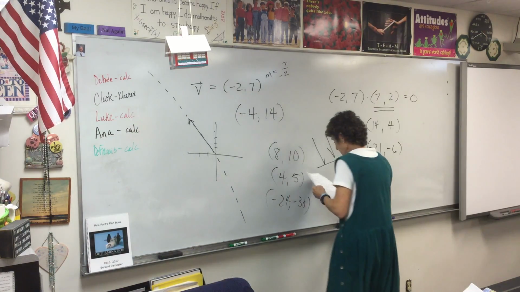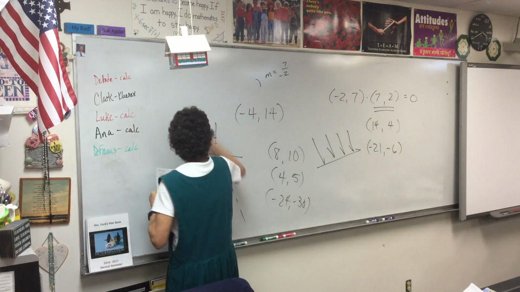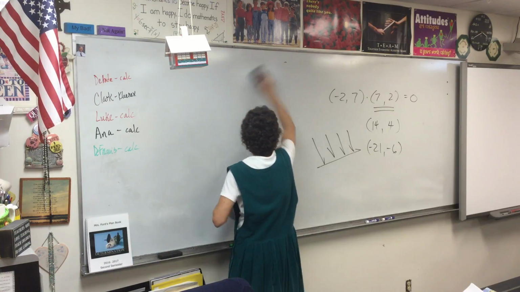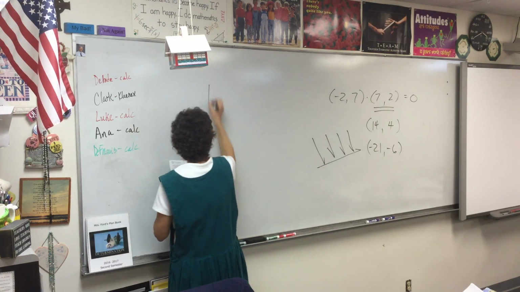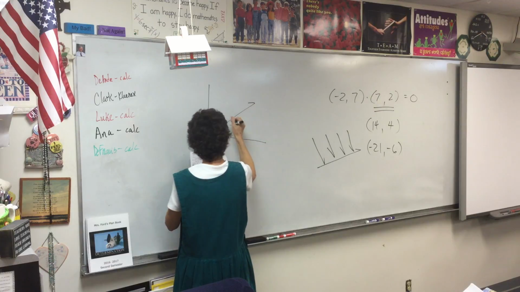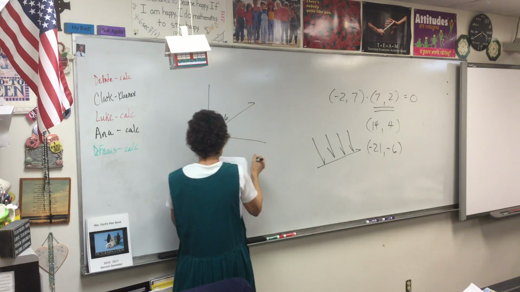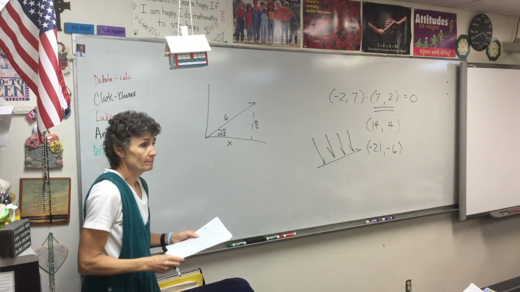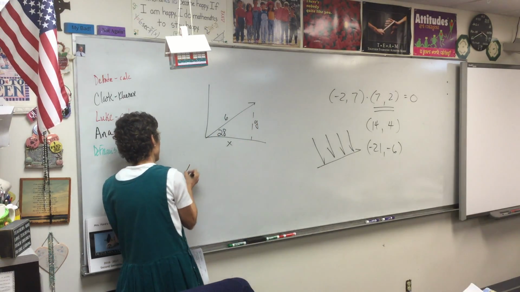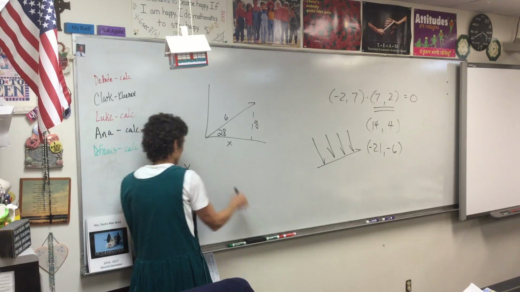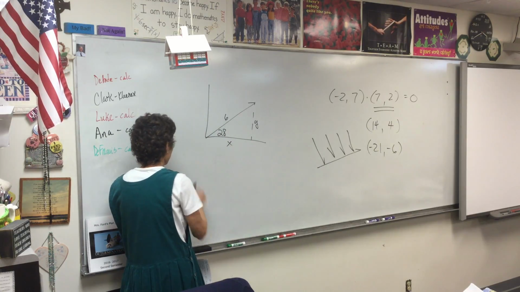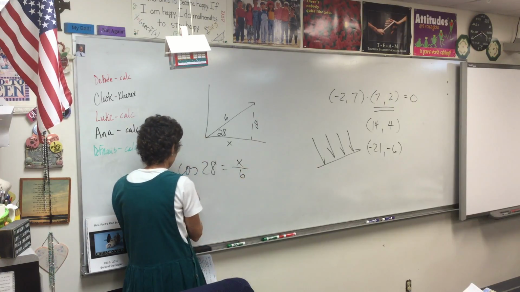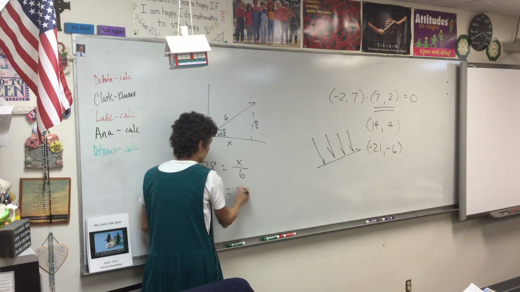All right, number 7, find the components of the vector shown. Now, what do we mean by components? What are you looking for? X and Y, that's exactly right. So we've got this vector, magnitude 6, direction angle 28, and we want to find X and Y. So we'll say cosine 28 equals x over 6. So 6 cosine 28 equals x.